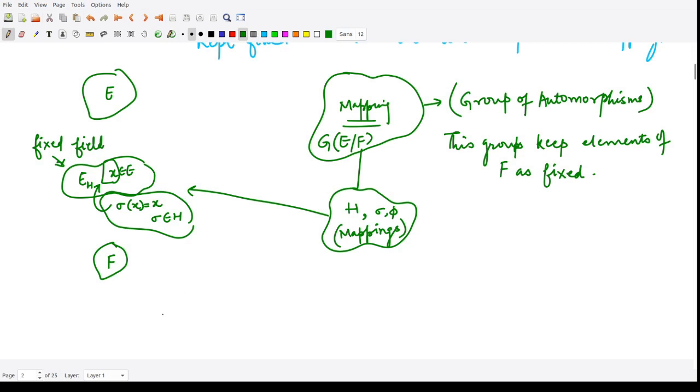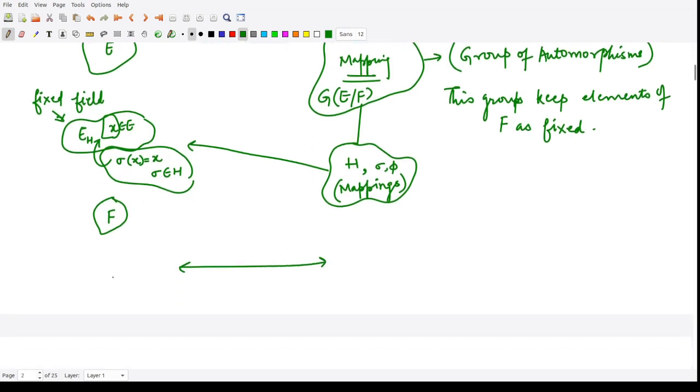So here you saw that there is a beautiful relationship. So this is about fields and subfields, and this is about groups and subgroups.